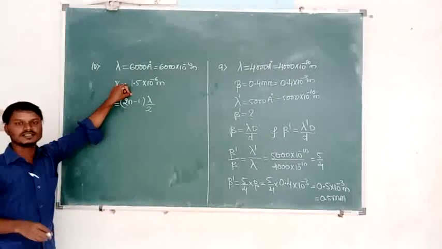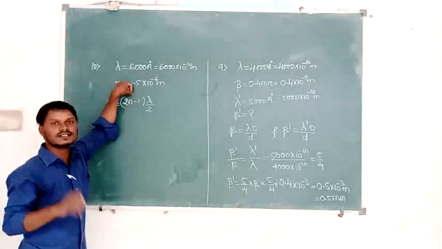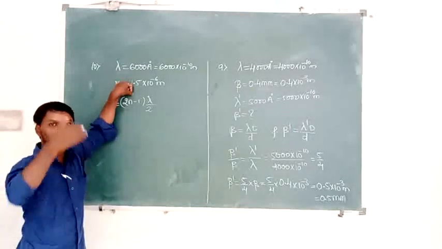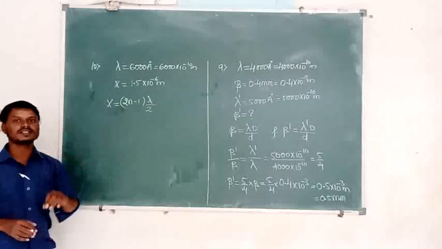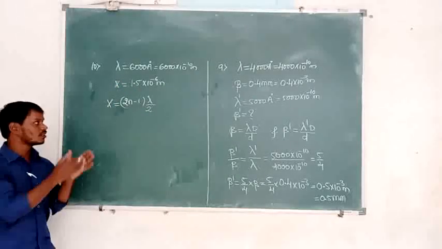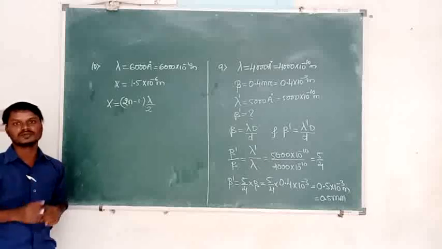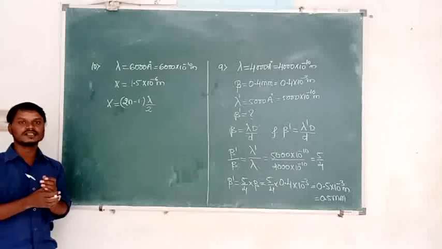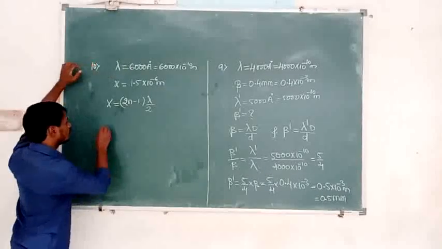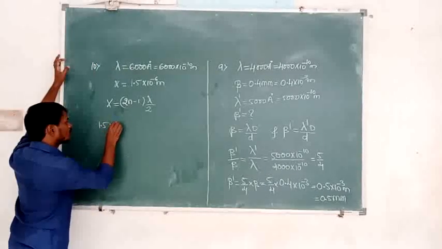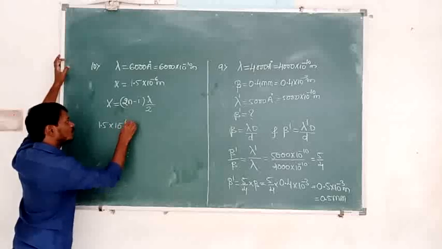Dark only. Means bright bands are cancelled here. So the options which are bright are cancelled. Then we are going to find the dark band. But what is the position of that dark band? We have to find whether it is the second dark band or the third dark band. So what is x given? 1.5 into 10 to the power of minus 6. Our aim is to find n.